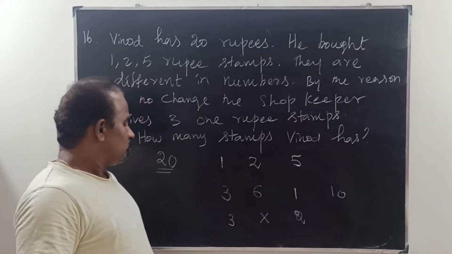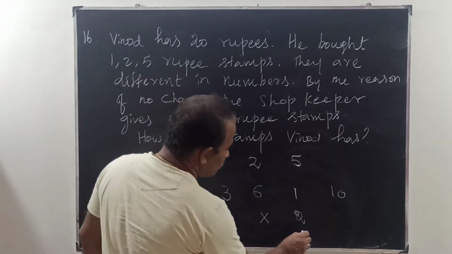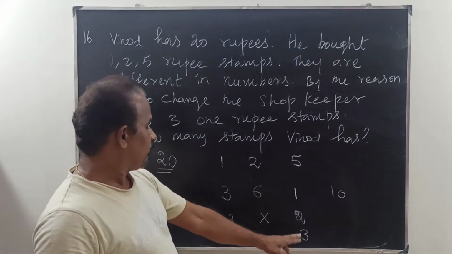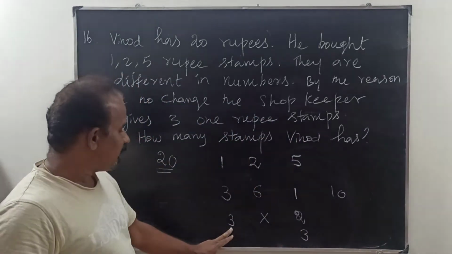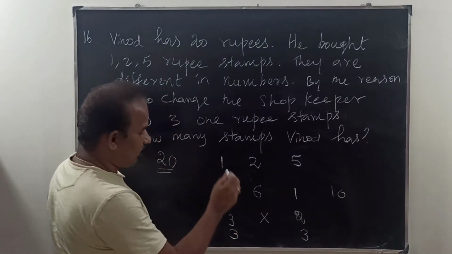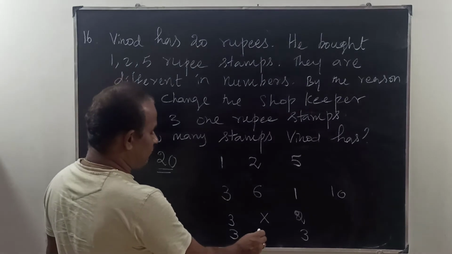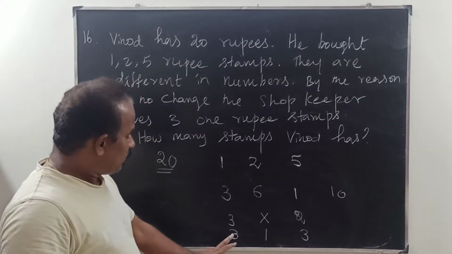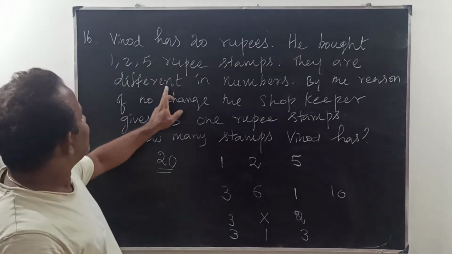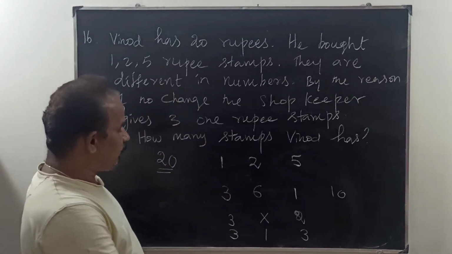Suppose 3 stamps for 5 rupees. This is 15, plus 3, 18. But then 3 1 rupee, 1 2 rupee, 3 5 rupee, they are not in different numbers.